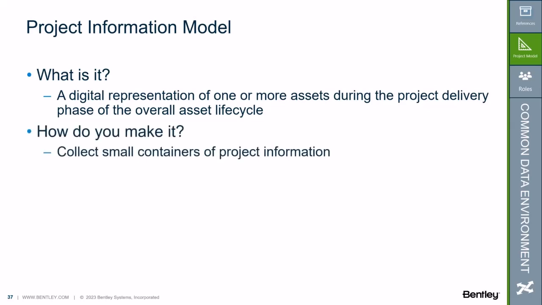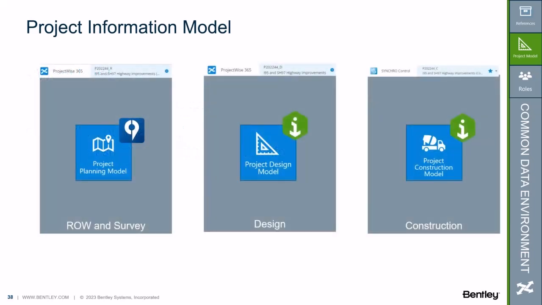And to create this project information model, typically individual model containers that represent project components are collected together and then rendered into an iModel that can be accessed by the appropriate project stakeholders. For our project, we have a project information model presented in 3 ways. One shows the parcel maps, which I showed you how I created.